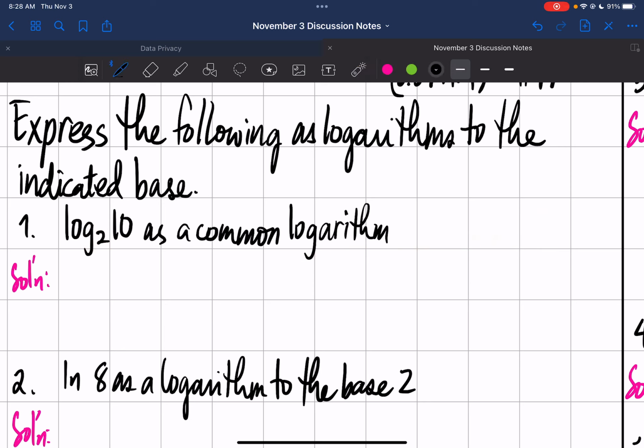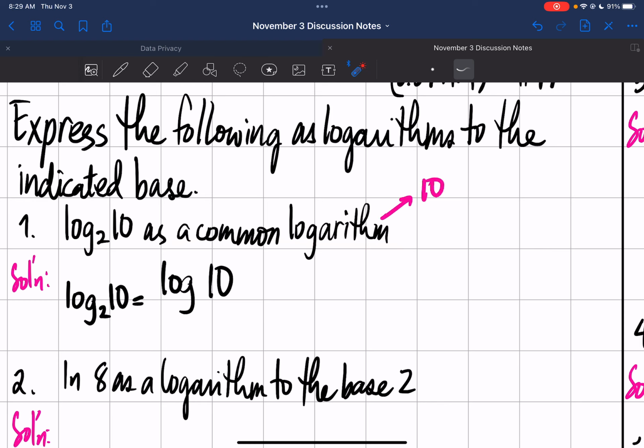So log of 10 base 2 equals, by the change of base formula, log nung nasa loob, log 10 base nung bago nating base. So bago nating base class, it's 10. So log 10 base 10. However, hindi na natin siya sinusulat class, 'di ba? So okay na 'yan, log 10 all over log of the old base, so log 2 base 10.